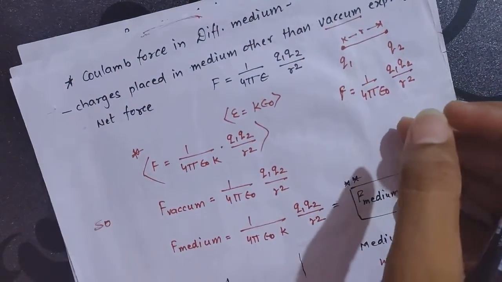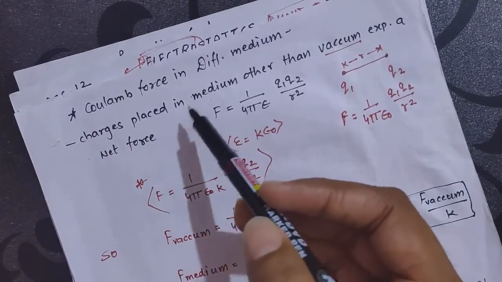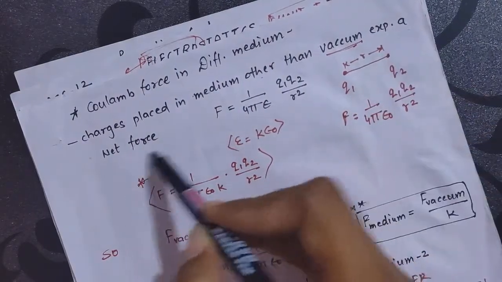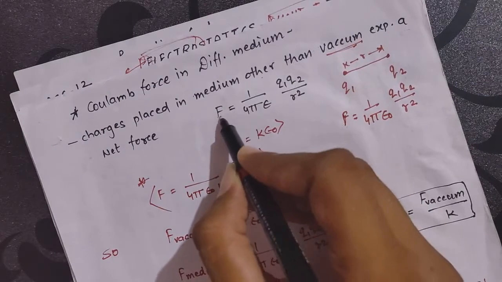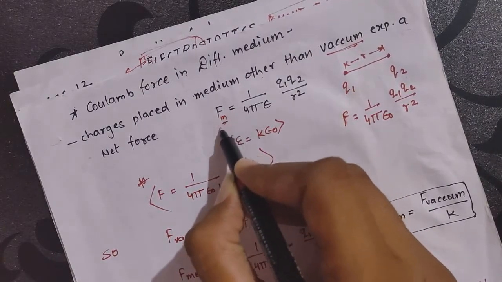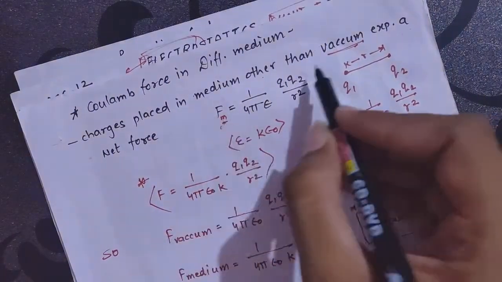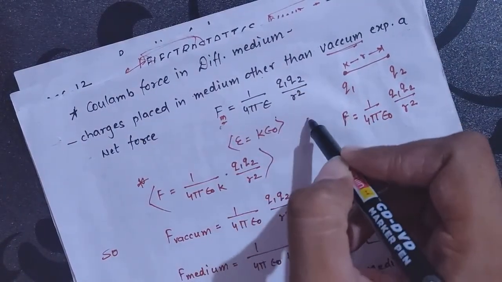This we know. Now if the two charges are placed in a medium other than vacuum, the net force is F, where I wrote small m to abbreviate medium. So force in a medium other than vacuum is 1 upon 4 pi epsilon Q1 Q2 upon r square.